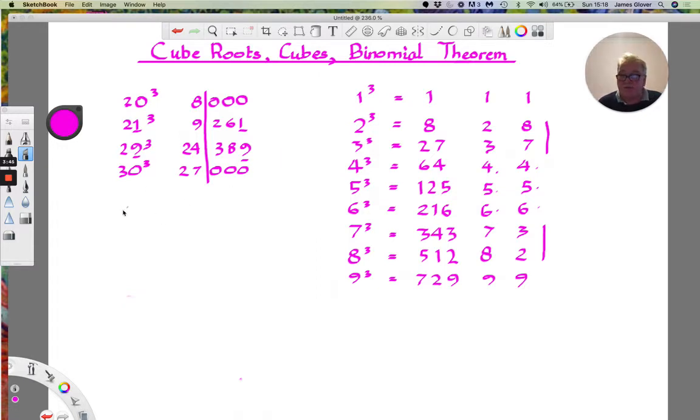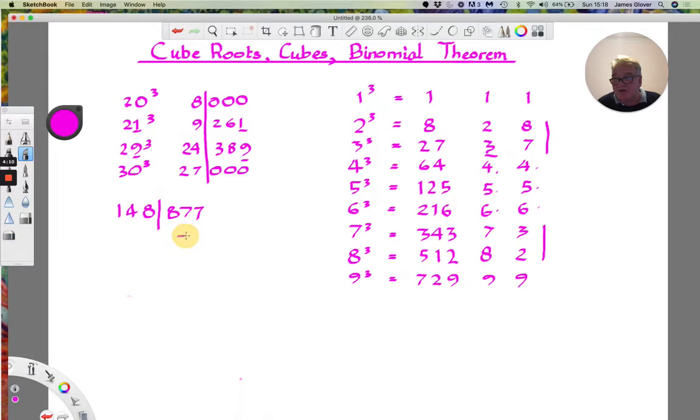So I'm going to move into the first example: find the cube root of 148,877. We first partition the number counting 3 digits from the right. So we partition it here. The last digit here is a 7, and that corresponds to a 3.